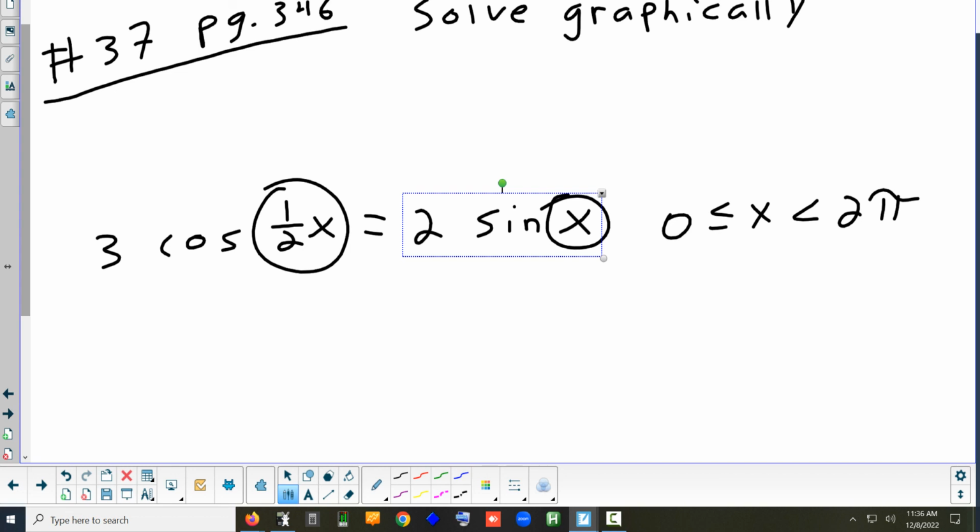To solve algebraically, that makes it really bad. If this 1/2 wasn't here, then that would be a lot easier. In fact, if that 1/2 wasn't there, I could solve it no problem. But the 1/2 is there. So we're going to look at this one more graphically and see what we can do.